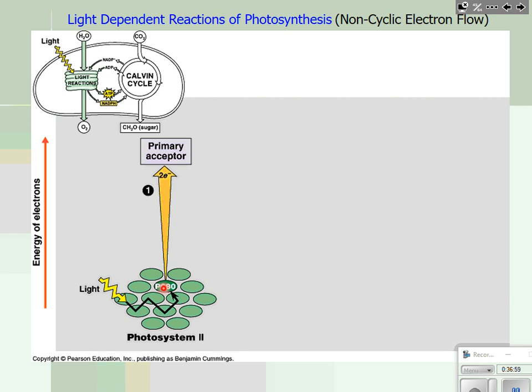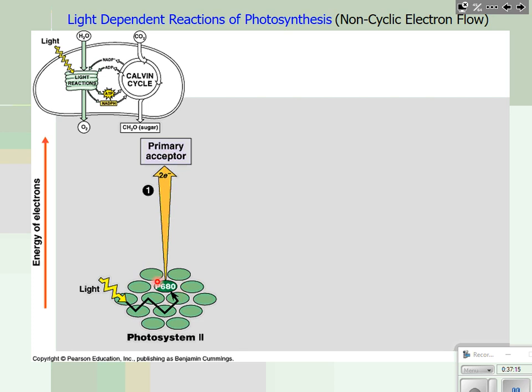And they have so much energy now that they leap out of the chlorophyll and they've got to go somewhere, so they get picked up by a protein called the primary acceptor. So those electrons are leaving photosystem 2.